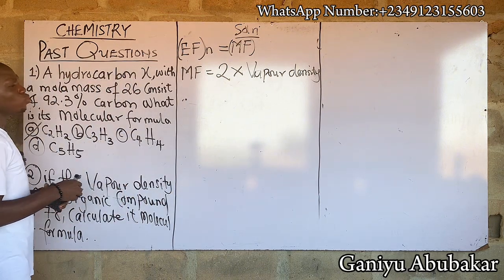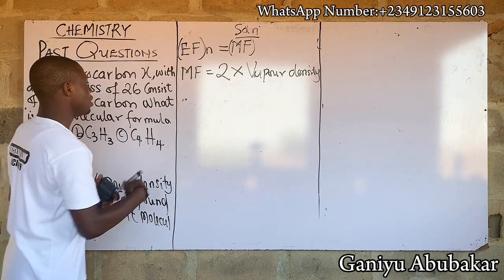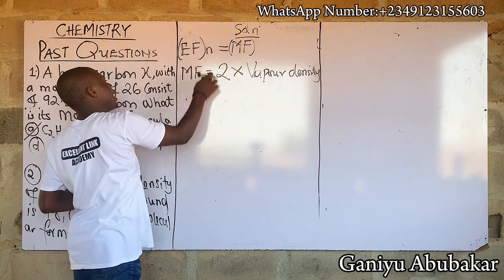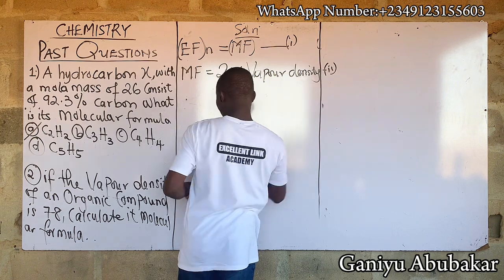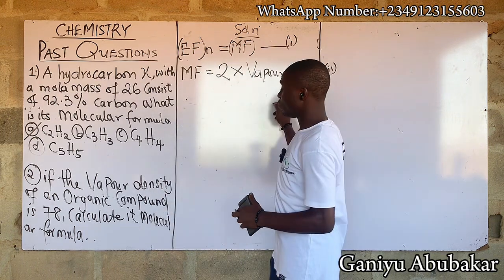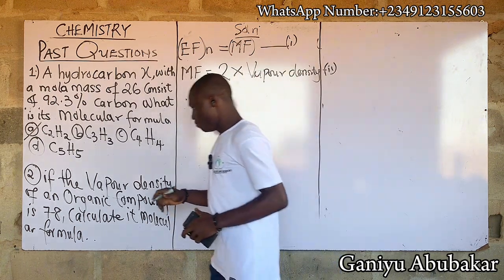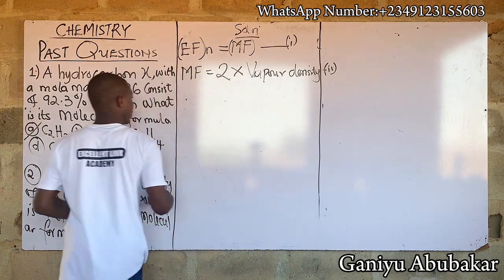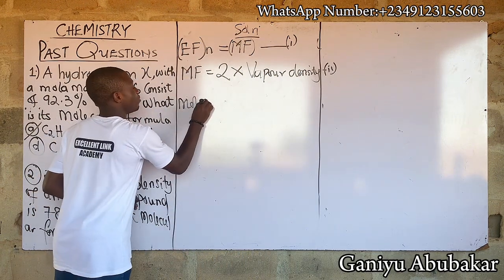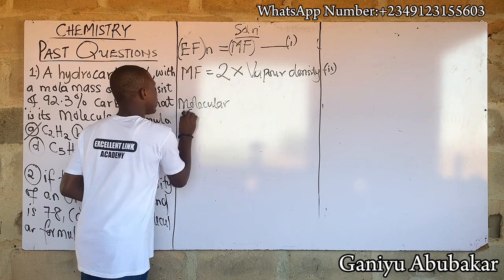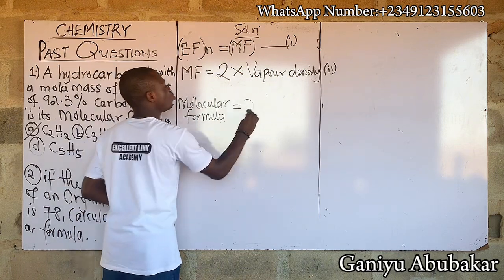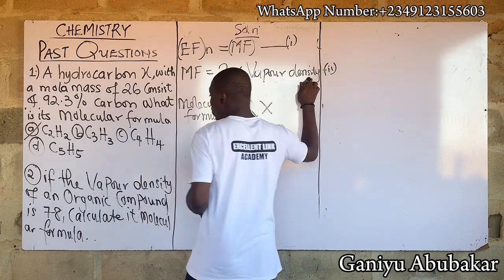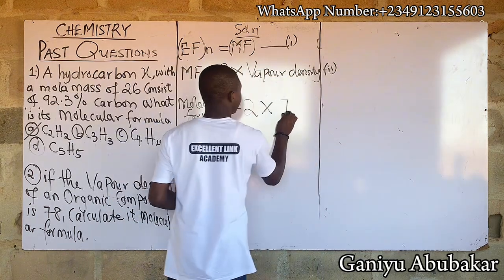So molecular formula is equal to 2 times vapor density. Which one will I use, equation 1 or 2, to solve this? Of course, I'll use equation 2 to solve this. So my molecular formula is equal to 2 times the vapor density given, which is 78.